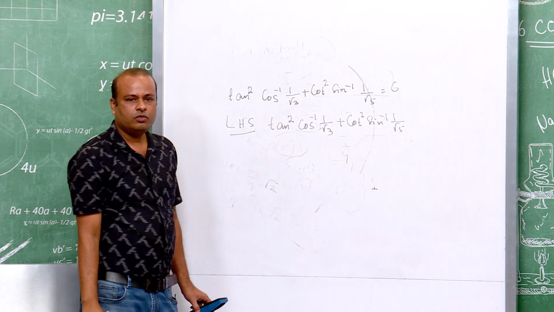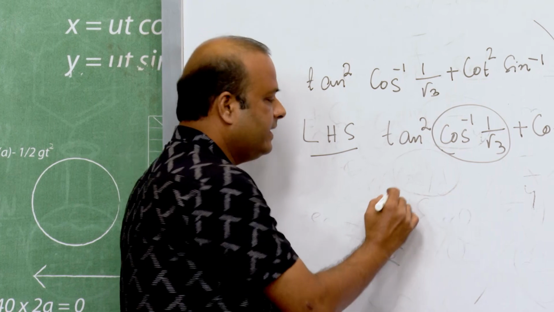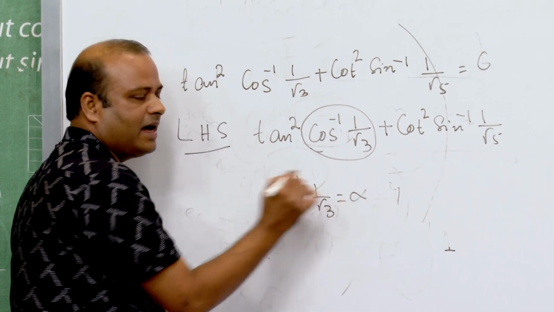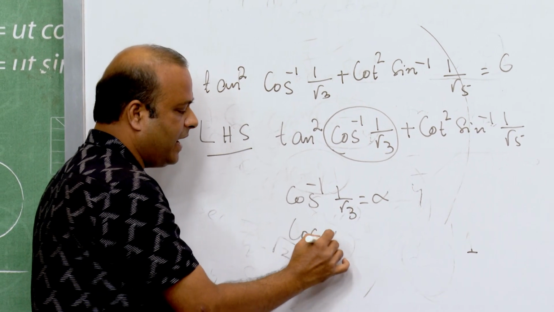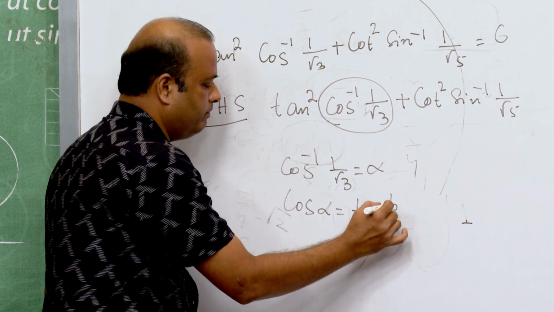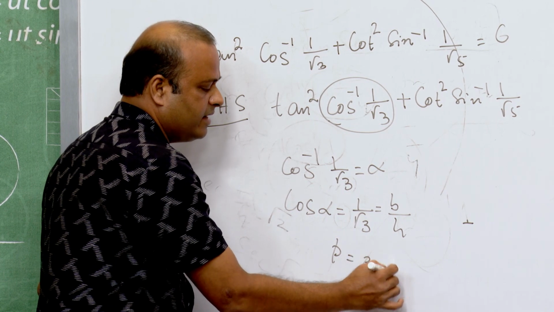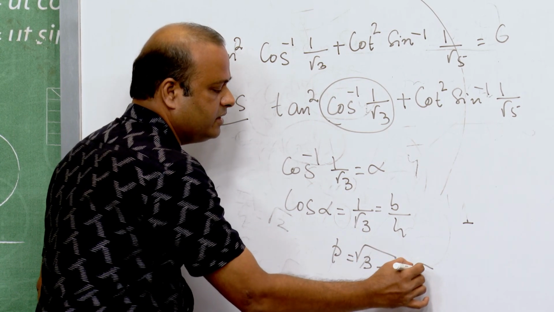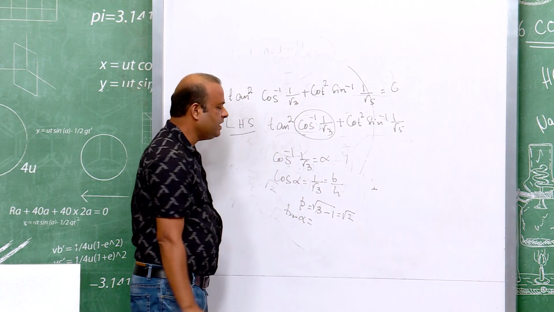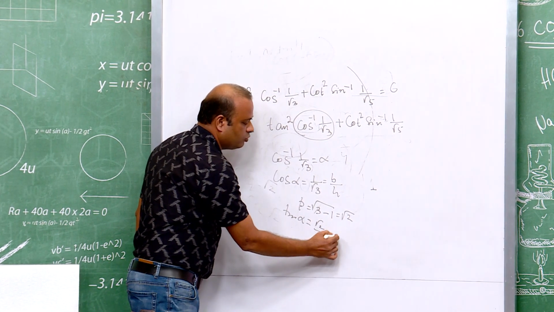I have told you to first convert this one to tan. Take cos inverse 1 by root 3 equal to alpha. So cos alpha is 1 by root 3, which is b by h. So p is root of 3 minus 1, that is root 2, and tan alpha is p by b, root 2 by 1, that is root 2.